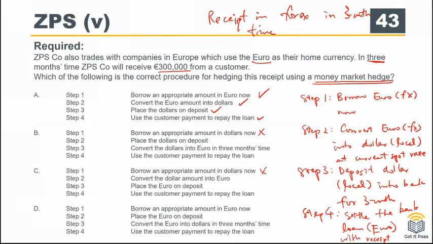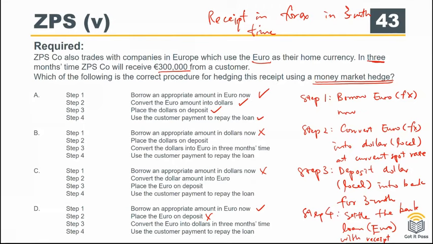For option D, borrow an appropriate amount in euro now, yes. And place the euro on deposit, it's not correct because you have to convert the foreign currency into local currency and then place the local currency in the bank as a deposit.